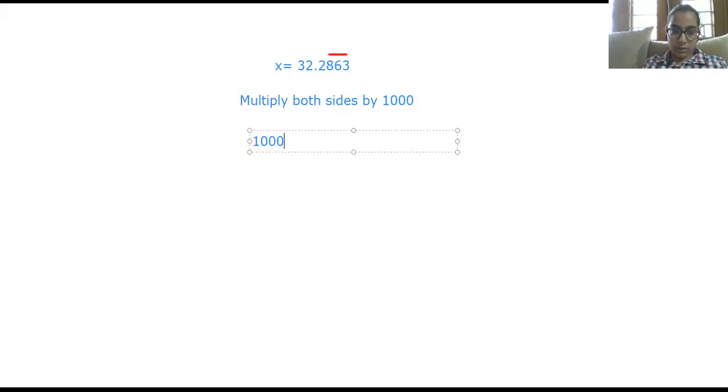You get 1000x equals 32,286.3863 to infinity.